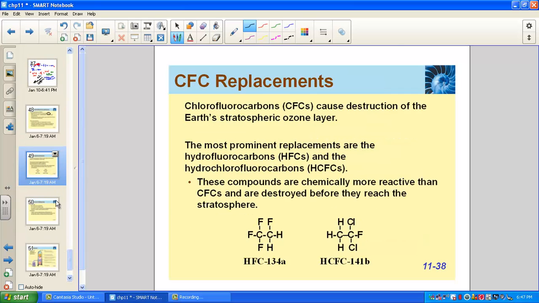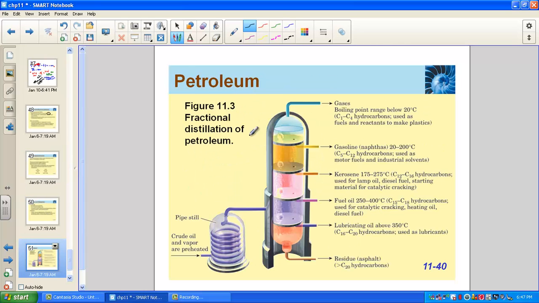You'll go ahead and read a little bit about chlorofluorocarbons, and even a little bit about petroleum distillation is discussed in our chapter, a way of taking crude oil and, based on temperature, separating out the different kinds of fuels all the way from solid residues up to the highest temperatures possible.